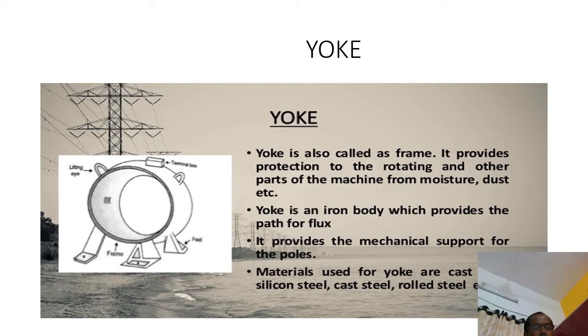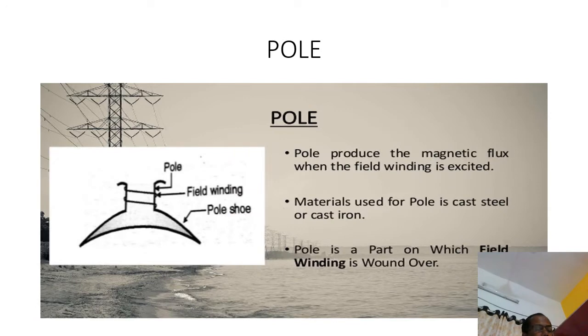Next, we are going to discuss the parts of DC generator. Another one is pole core or pole shoes. The field magnet consists of pole core and pole shoes.